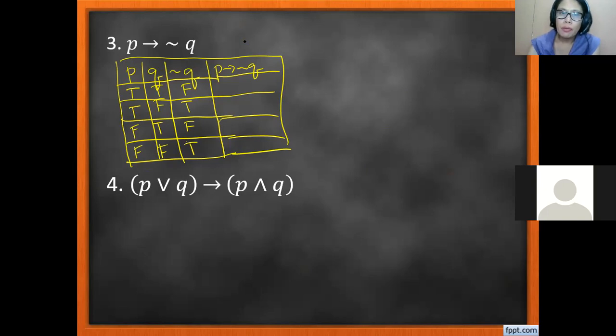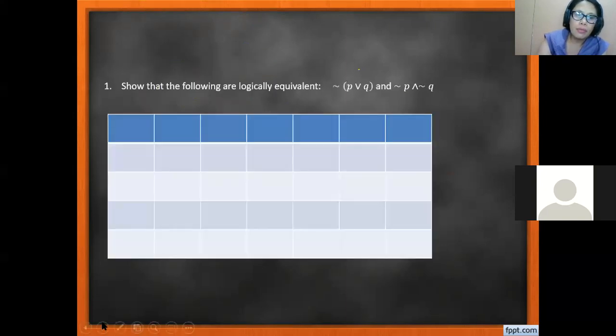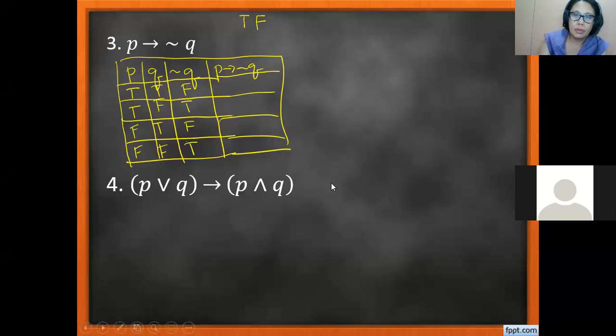If P then Q will be a false statement if the premise is true and the conclusion is false. This will come up with a false statement. Otherwise, everything will be true. So if it's true-false, it is false. And then the rest will be true.